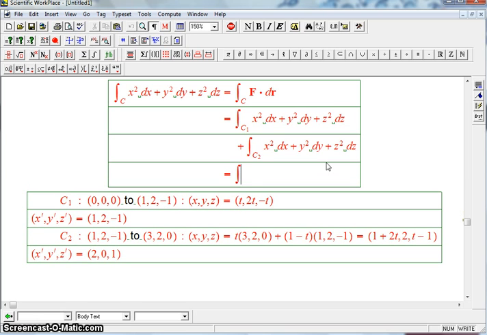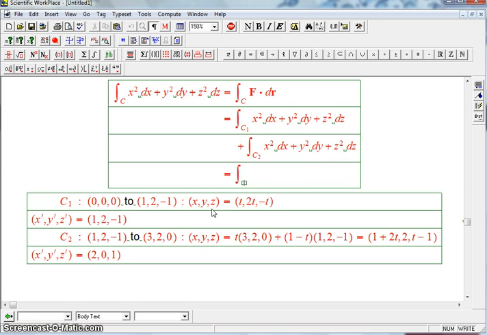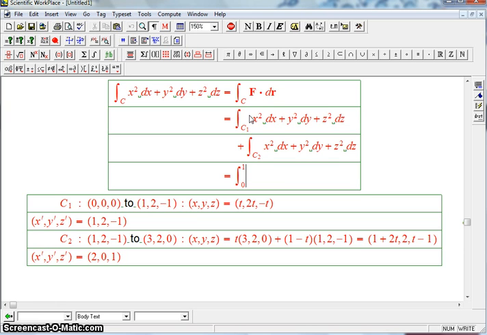So this is going to be the integral. t is just going to go from 0 to 1 here. And I convert everything in here. So x squared is going to be t squared. And remember, dx turns into dx/dt times dt.